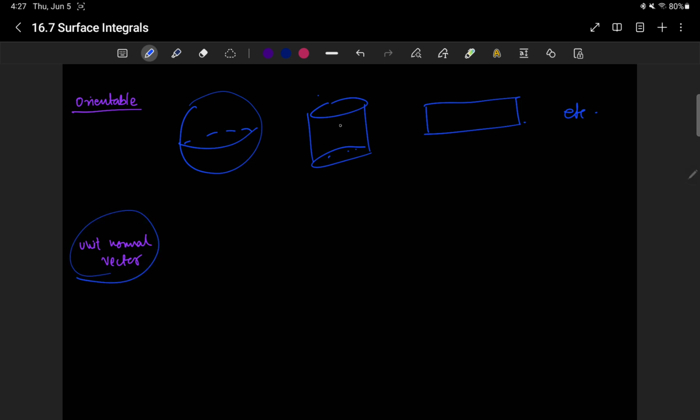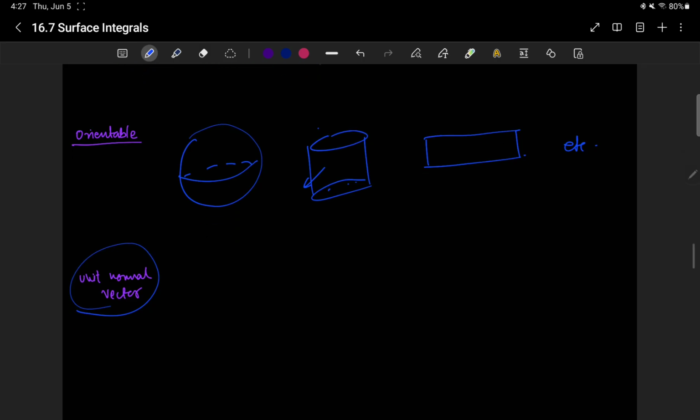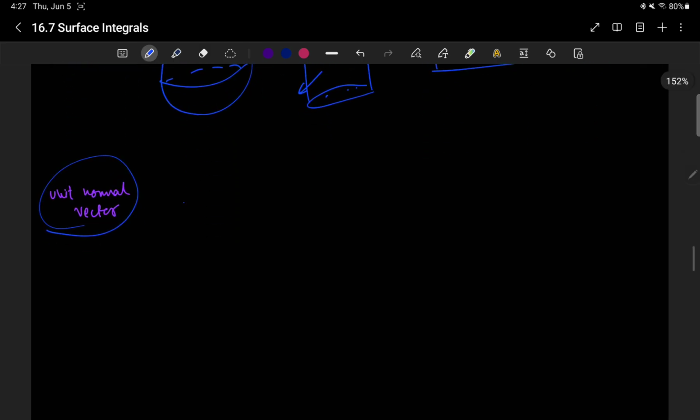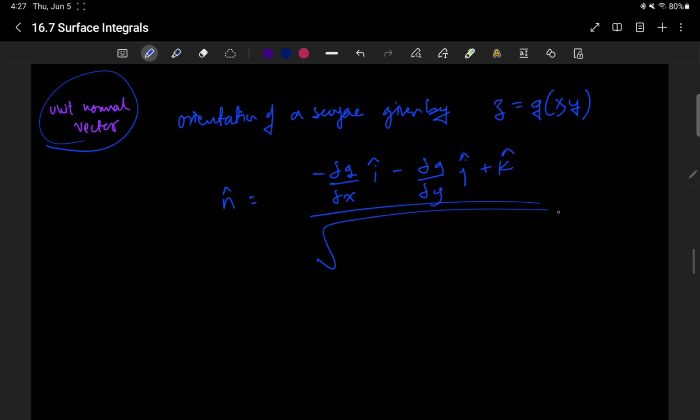So basically we're looking at vectors that are normal or perpendicular to the surface, and we define the orientation of a surface given by z equals some function g of x, y, by the unit vector, which we will see in a moment in a much more familiar notation.